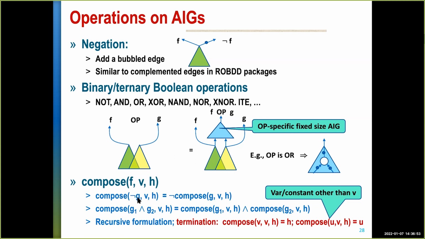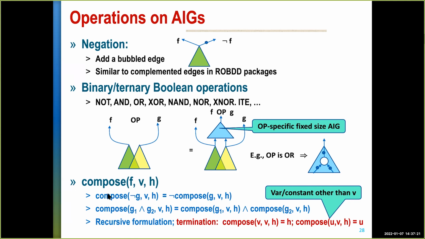So if I'm trying to compose negation g at the input variable v with the function h, you have the function g and a little bubble at its output, and you want to plug in h at the input v. This is the same as plugging in h at the input v of the circuit for g and just negating its output.